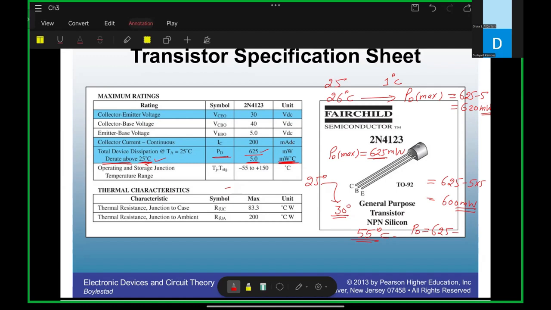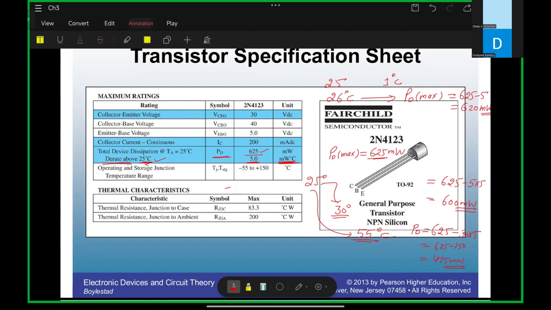Can you tell me how much temperature we increased from 25 to 55? 30. So 625 minus 30 into 5. So it becomes 150. So 625 minus 150, how much is this? 475 milliwatt. Did you understand or not?